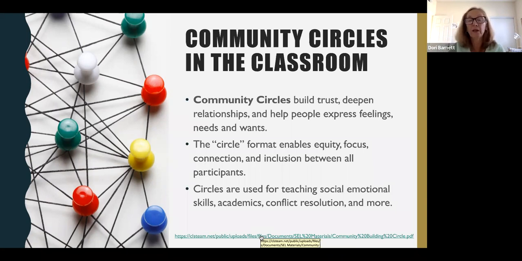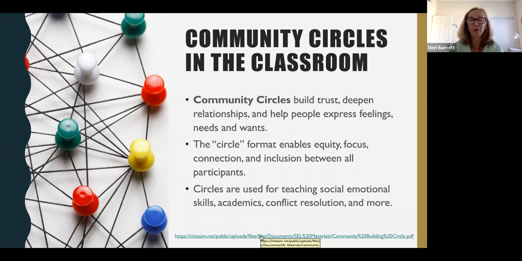That's one way. Some teachers use circles to prepare, like you're going on a field trip and you want to go around and make sure everybody agrees on the rules, or talk about any concerns that might come up. Some teachers use circles for actually responding to curriculum.